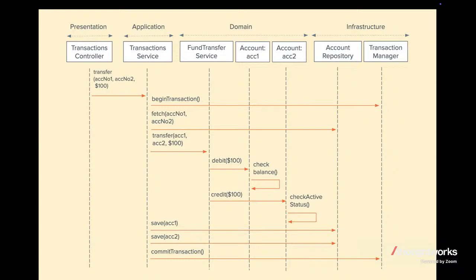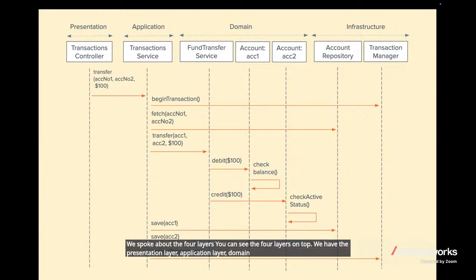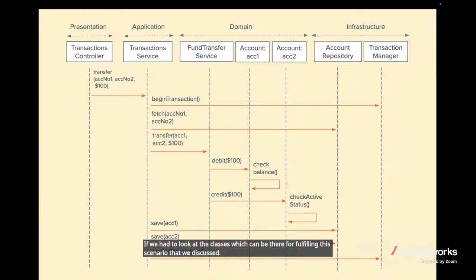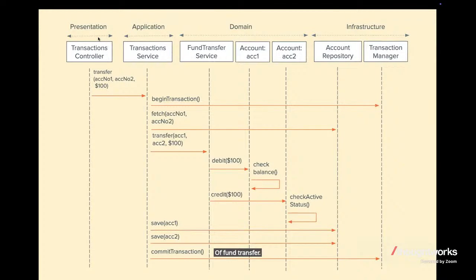We spoke about the four layers. You can see the four layers on top: the presentation layer, application layer, domain layer, and infrastructure layer. If we had to look at the classes which can be there for fulfilling this fund transfer scenario, we may have some controller class, which we can probably call transactions controller.